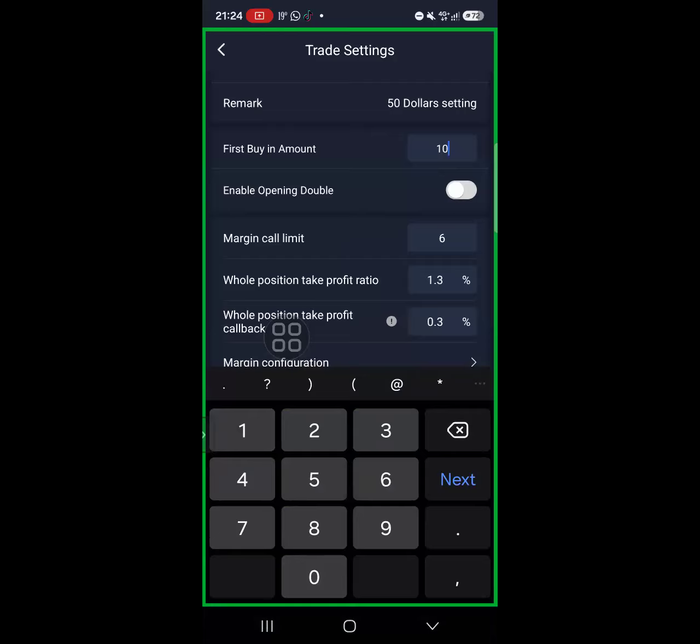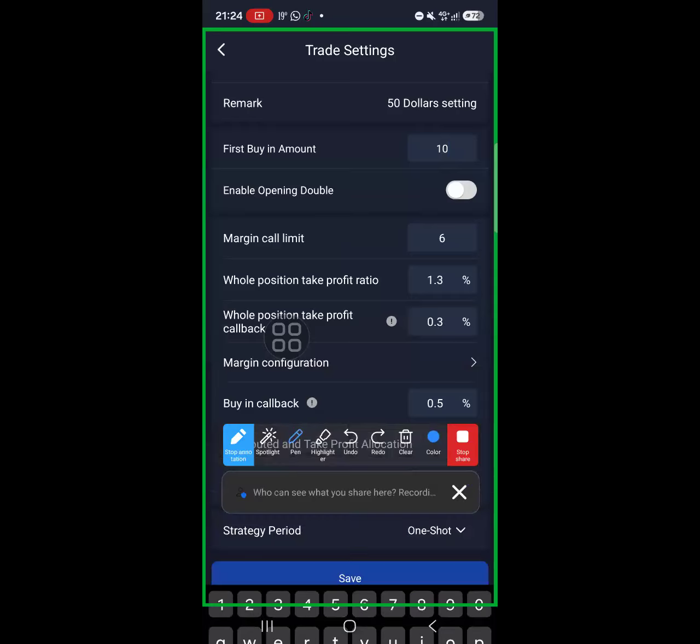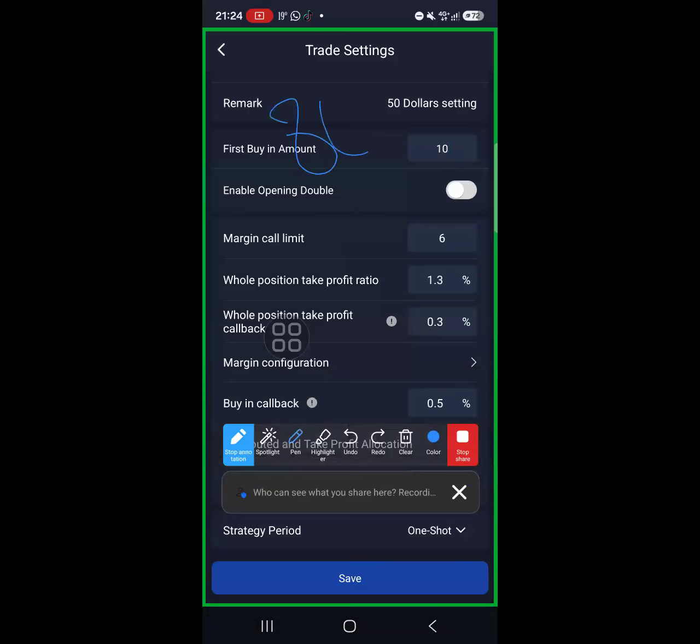That is our balance. So if we are going to use 10, it means the 16 times 10, we will need $160, which we don't have.